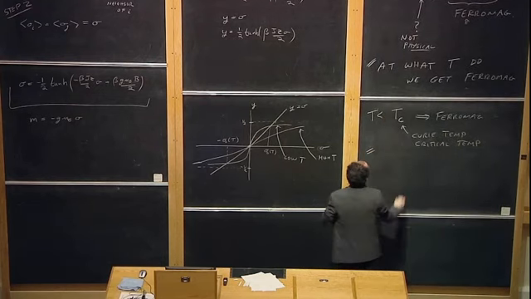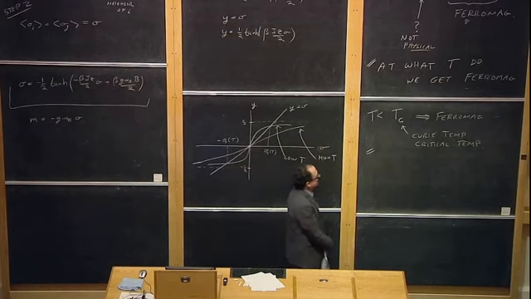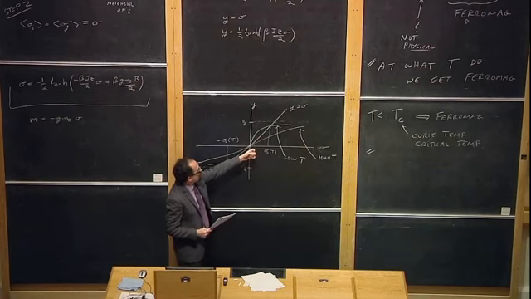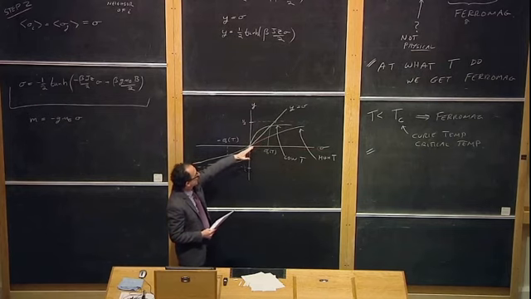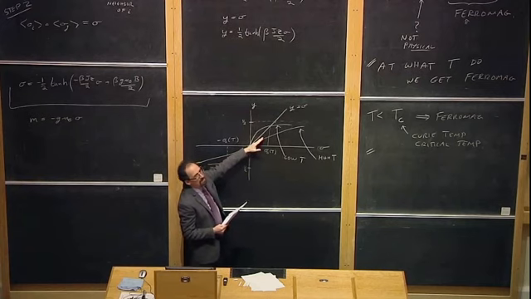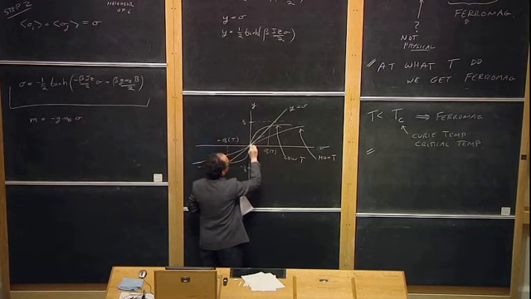So we'd like to know what is Tc, or below what temperature do we get this ferromagnetism? Well, the way to see that, again looking graphically, is to realize that the transition between having one solution and having three solutions occurs when the hyperbolic tangent function is exactly tangent to the y equals sigma line, where it lines up with exactly the same slope.